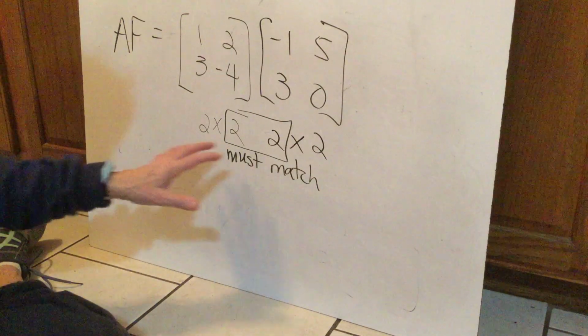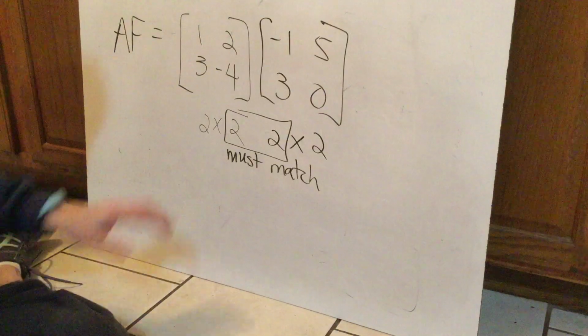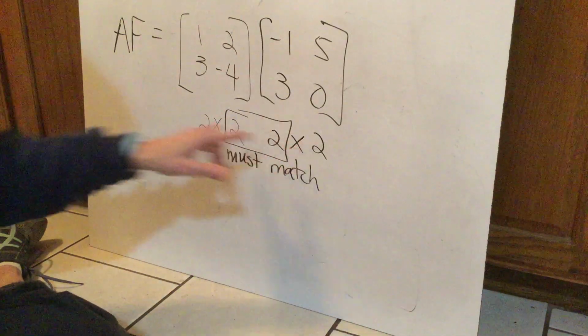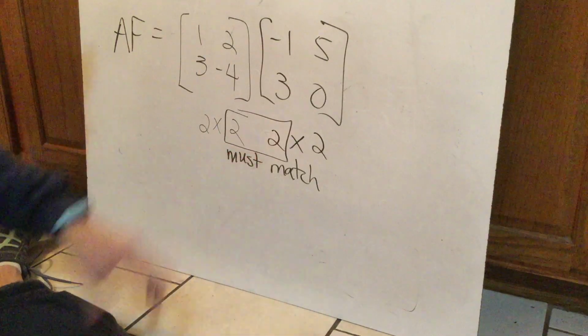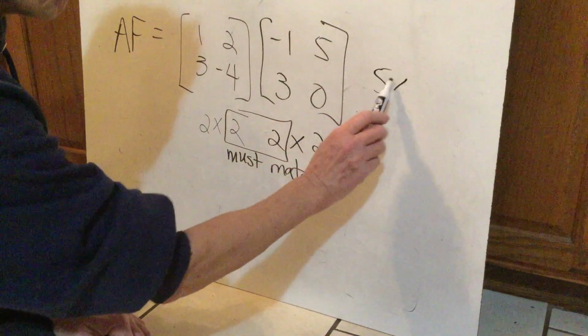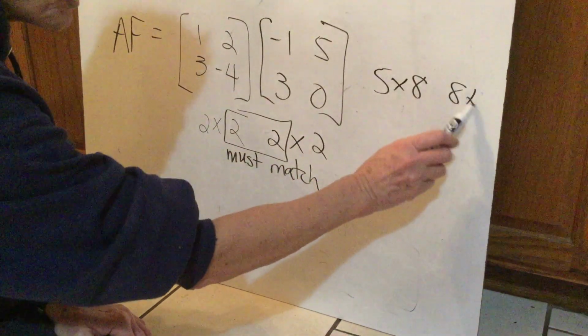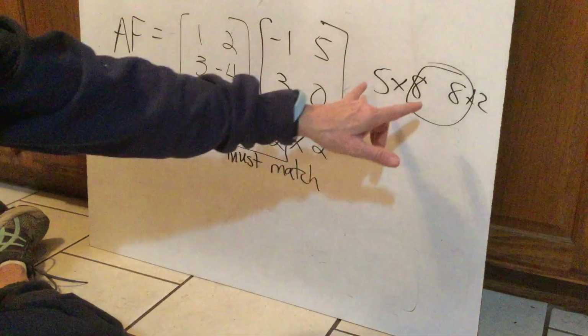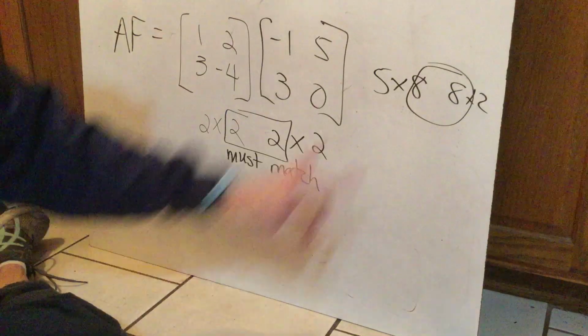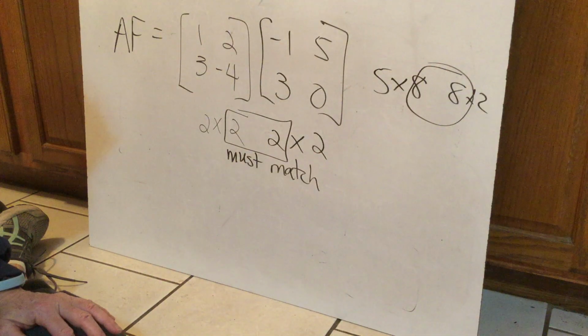They do not have to be square matrices. They do not even have to be the same dimensions, but these have to be the same number. So you could have a 5 by 8 and an 8 by 2, and that would be absolutely fine to multiply. Obviously, you can't add those, but those would be fine to multiply.